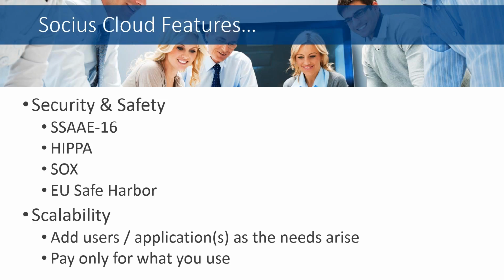Access to the servers is further restricted through file permissions which are applied to each user. In terms of safety and security, we have SSAE 16, HIPAA, SOX, and European Union Safe Harbor. These are all nationally and internationally recognized security platforms for transmission of data through the cloud.